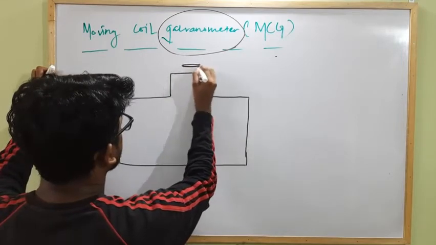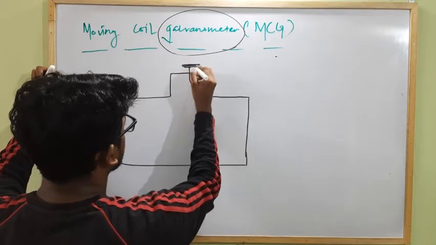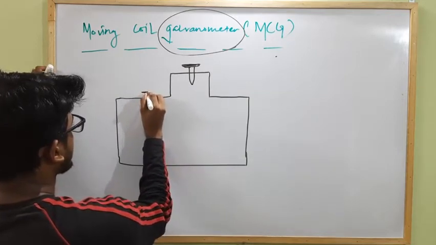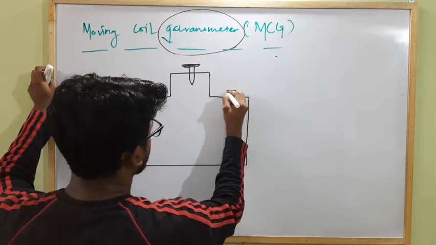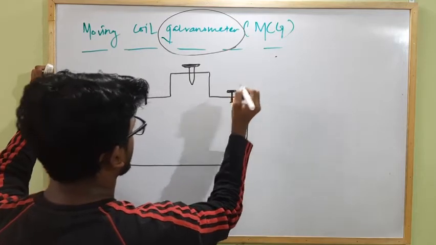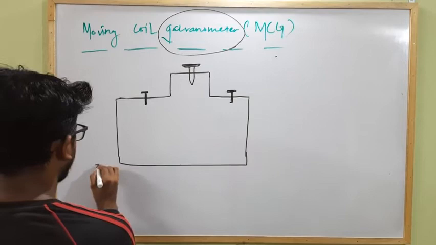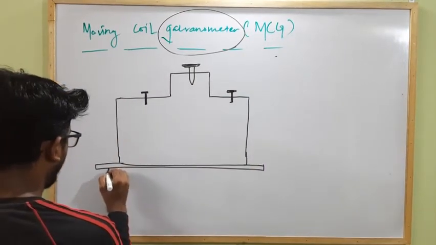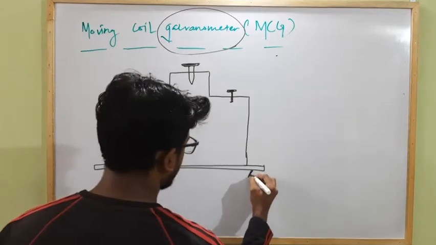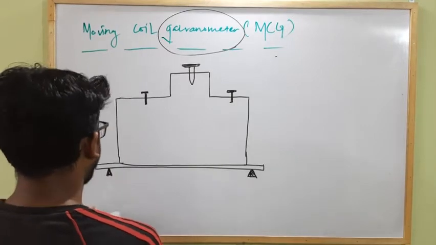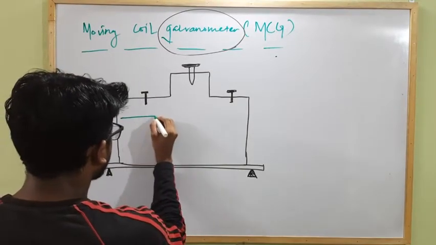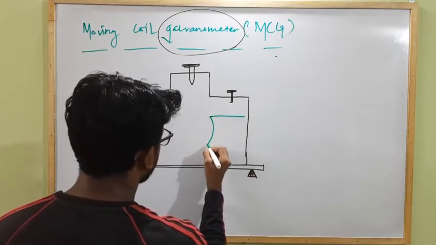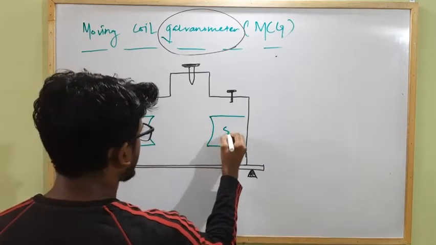Here is a T head, there are two terminals along both sides, and within this isolated chamber, which is clamped on a wooden base or a metallic base, there are two cylindrical concave strong permanent magnets. Let this be the north pole, and this the south pole.